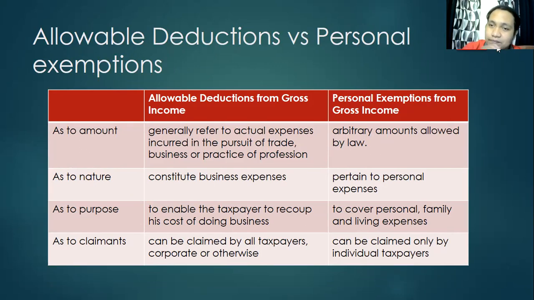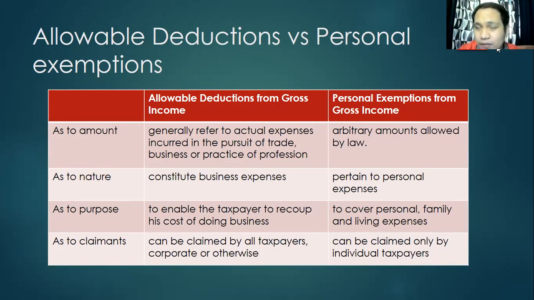So, ito yung mga binigay ng law, ng batas. Dahil sa sobrang laki ng tax na minsan pinapataw sa mga taxpayer, binibigyan nila ang taxpayer ng certain amount para ma-deduct agad, ma-exempt agad, okay, from gross income.